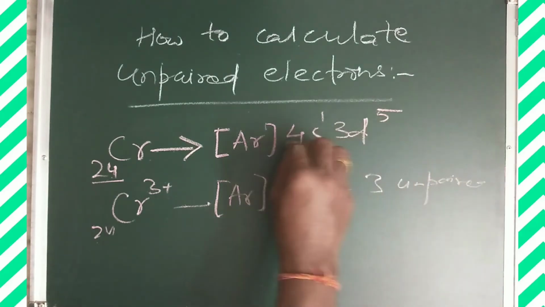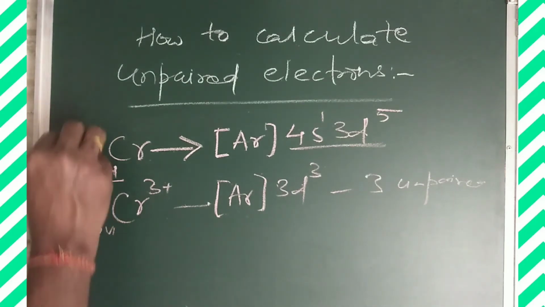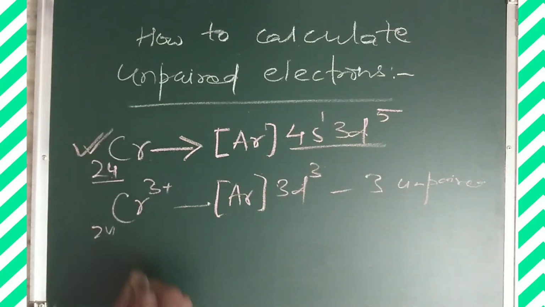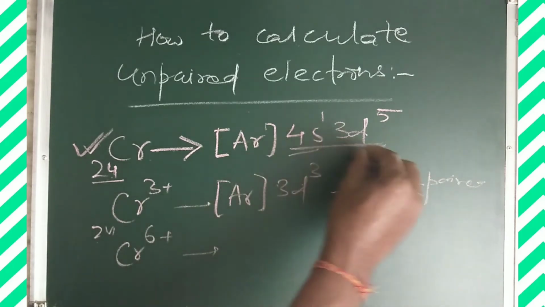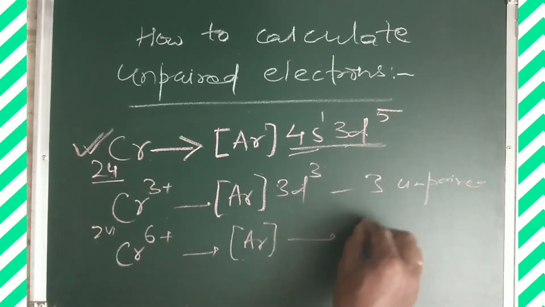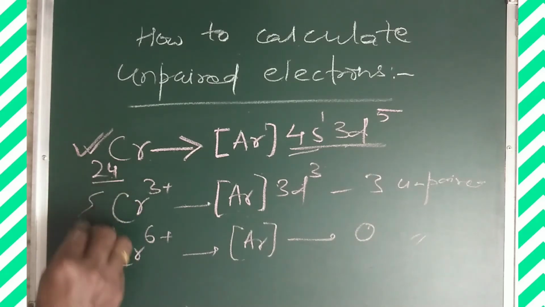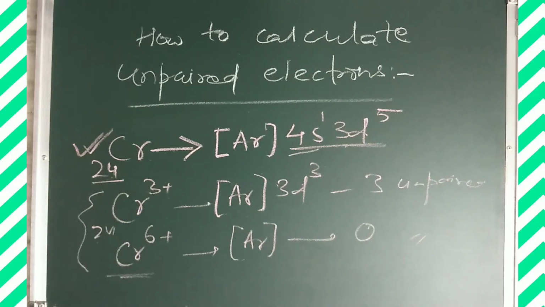Keep in mind that this type of stable or exceptional configuration is only valid for atoms, not for ions. Now suppose they ask you chromium 6+. 6+ means 4s1 and 3d5 all will be removed, so it will have an argon configuration and there will be 0 unpaired electrons. The most stable states of chromium are 3+ and 6+.